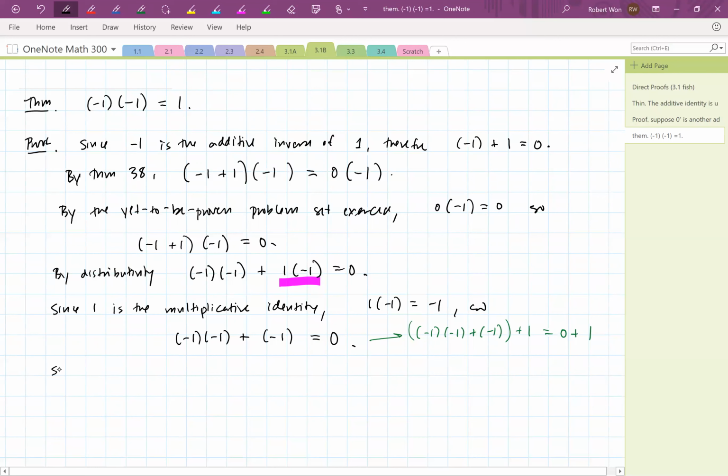So again, since -1 is the additive inverse of 1, 1 plus -1 equals 0. So by transitivity, or by substitution, let's say by substitution actually.